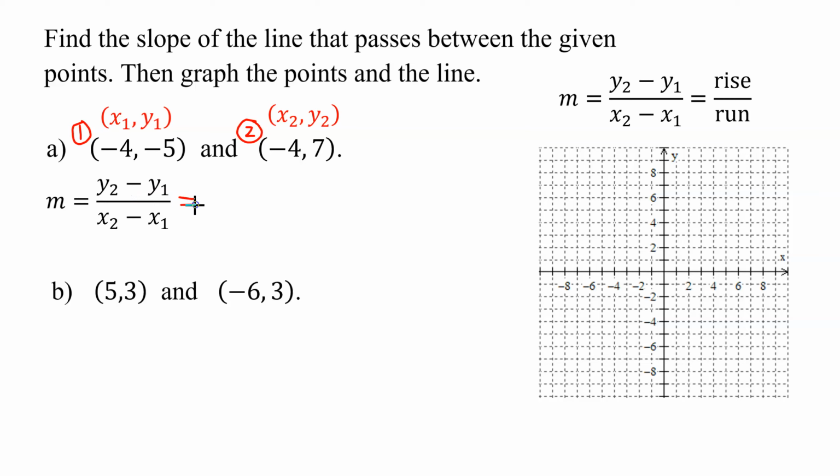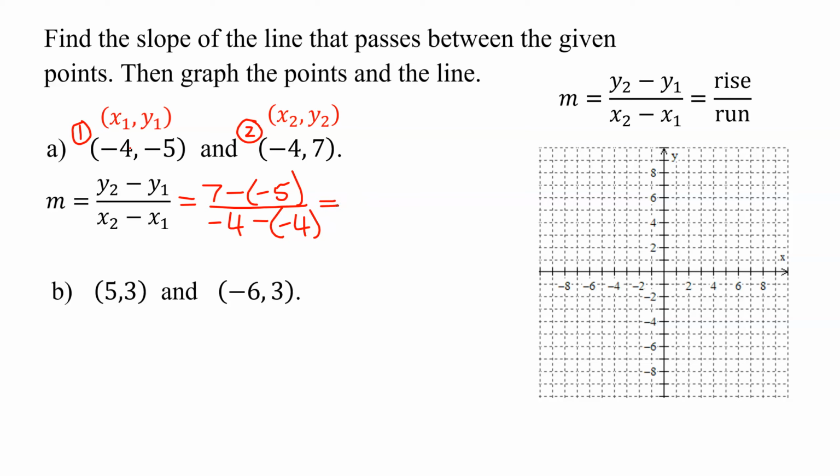Now all we have to do is plug in the numbers. So I have y2, which is 7, minus y1, which is negative 5, all divided by x2, which is negative 4, minus x1, which is a negative 4.